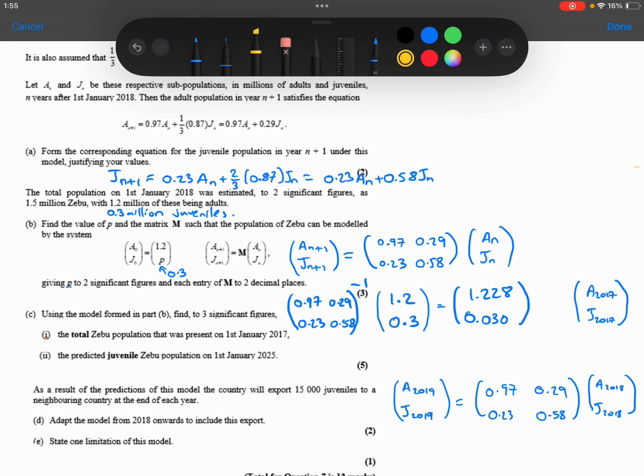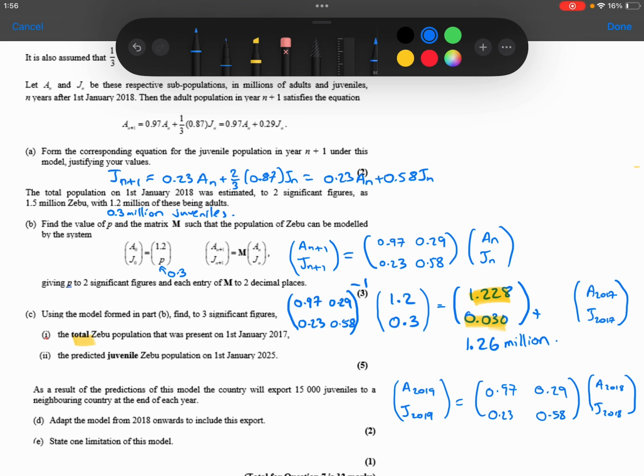So this is the adult population there were in 2017. This is the juvenile population there was in 2017. So the total population then, I'm going to add those two numbers together, and the total population then is 1.26 million. And that is my answer to part I of C.